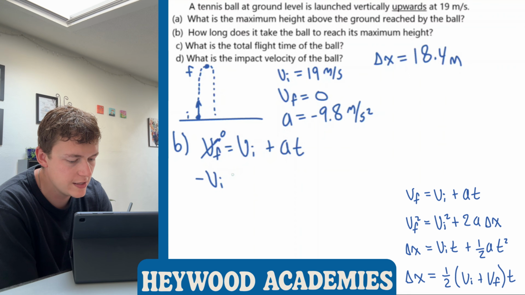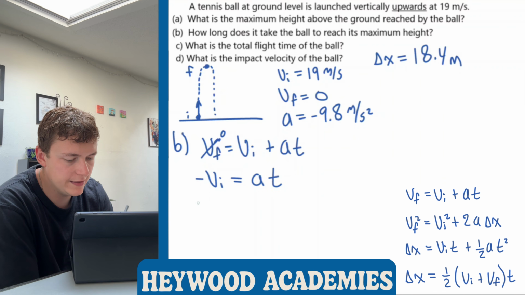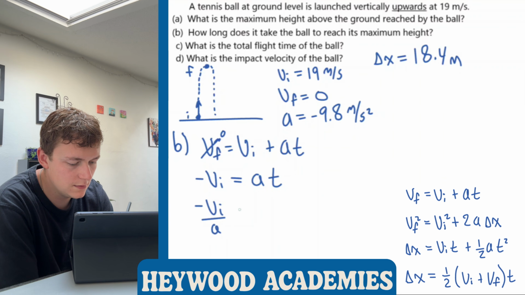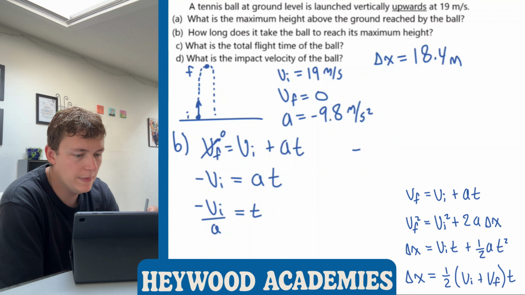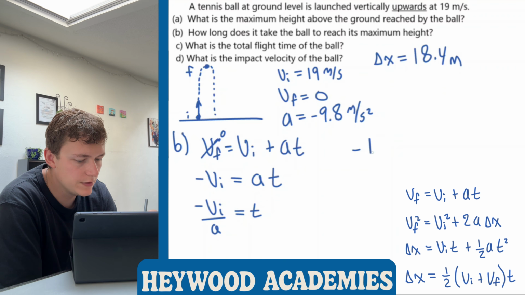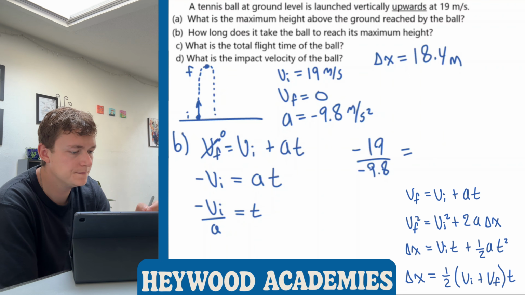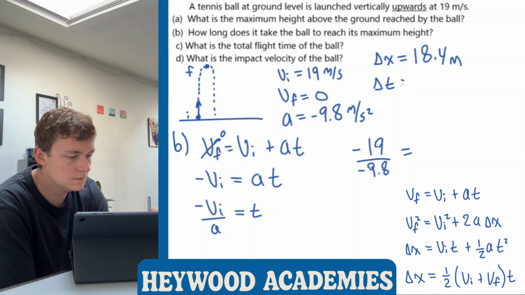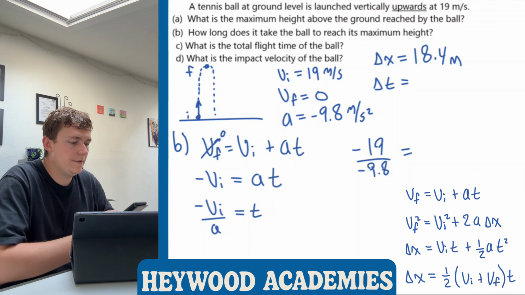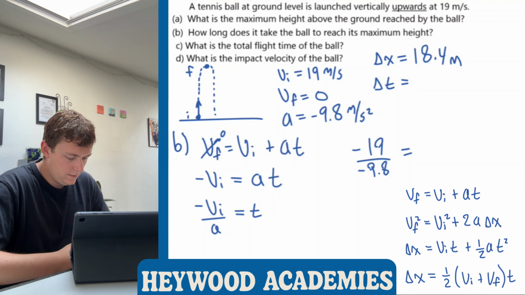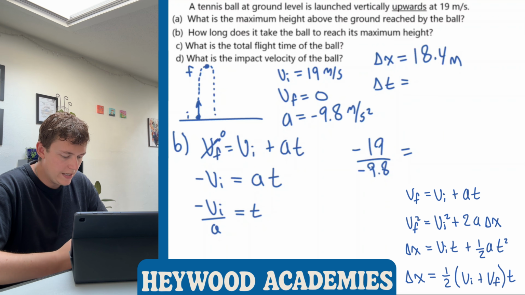Bring the v initial to the other side, and divide by the acceleration. We can plug in our numbers. Minus vi was 19, over minus 9.8. Okay, so we'll see what that gives us. Minus 19 over minus 9.8.